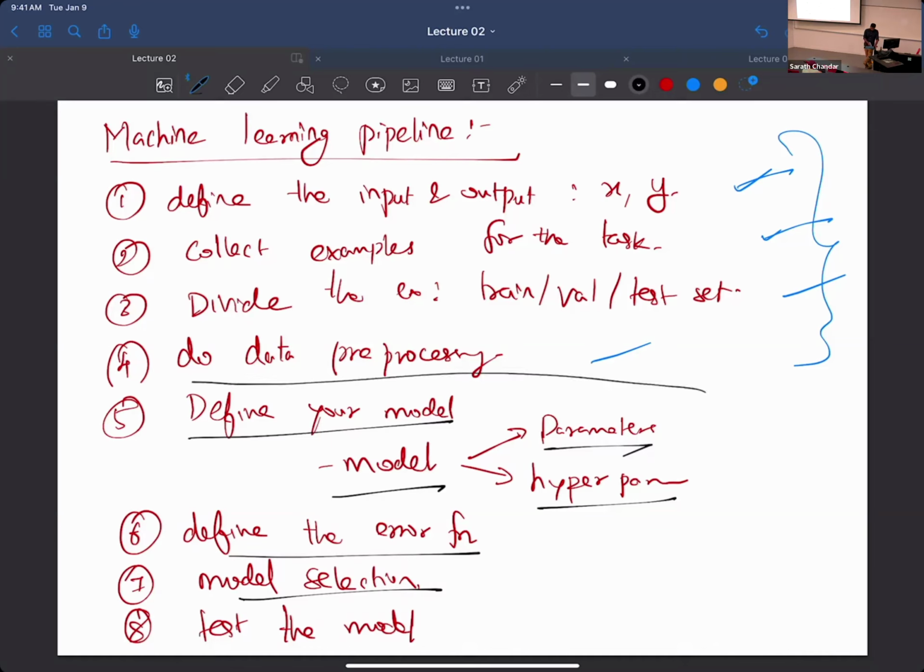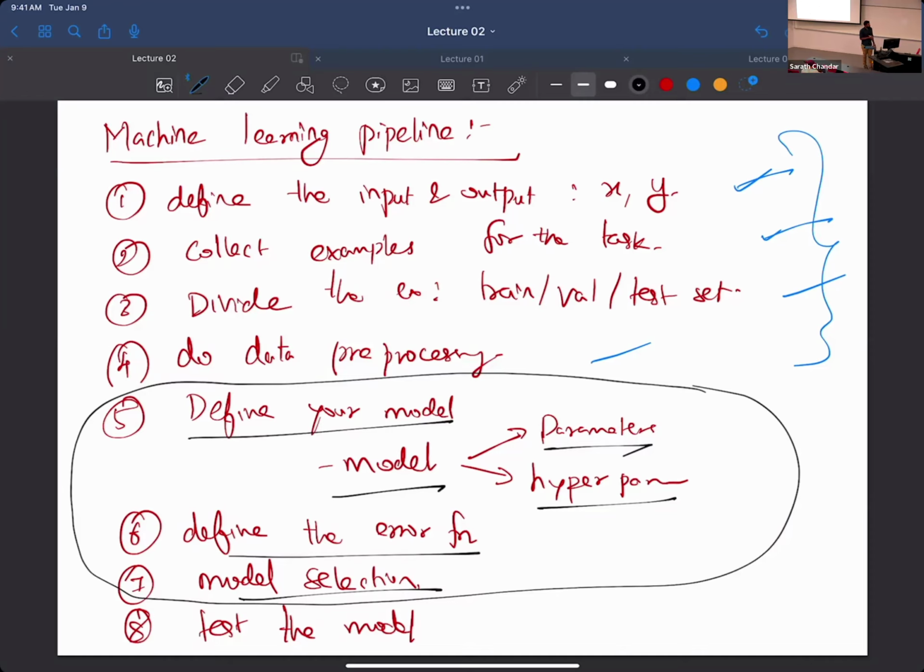Our focus is going to be mostly on the modeling side, which is more algorithmic, and we will explore different kinds of models, different kinds of error functions, and different ways in which you could minimize the error function or find the best hyperparameters, etc. Is that clear?